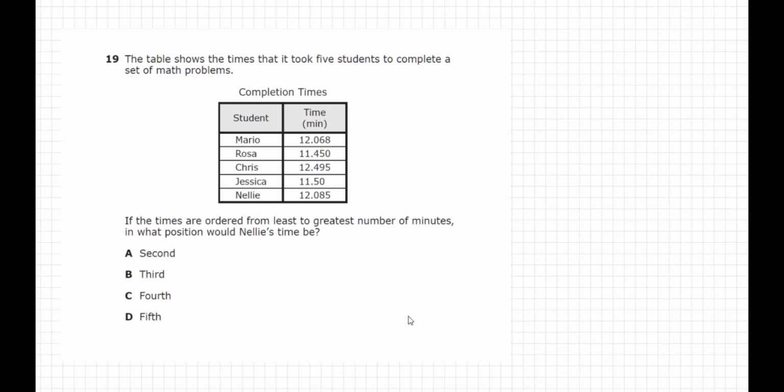Question number 19. The table shows the times that it took 5 students to complete a set of math problems. If the times are ordered from least to greatest number of minutes, in what position would Nellie's time be? Rosa completed the math problems first, with Jessica finishing second.